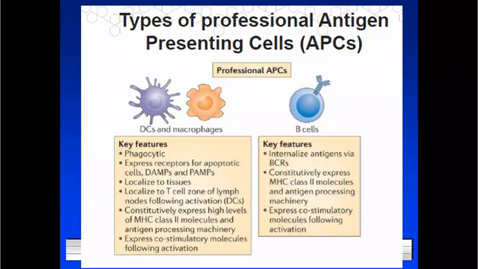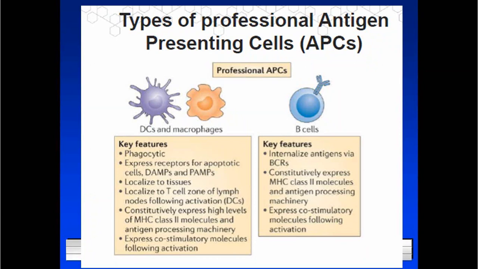The general antigen presenting cell could be any cell in the body infected by virus or transformed into a tumor. The professional antigen presenting cells studied in this slide are only three types of cells: dendritic cells, macrophages, and B cells.